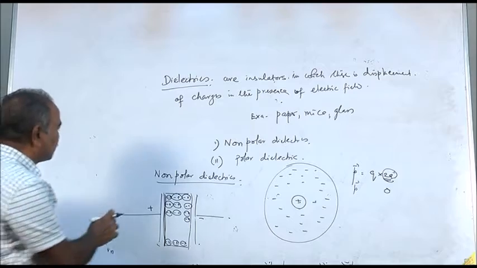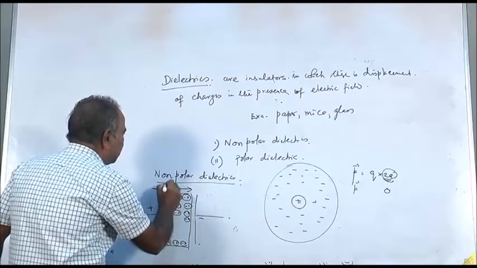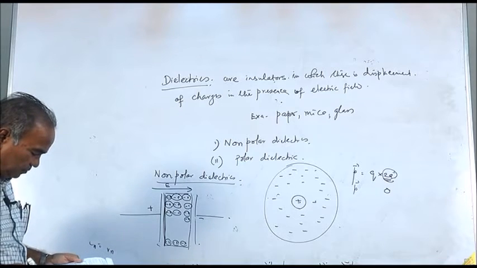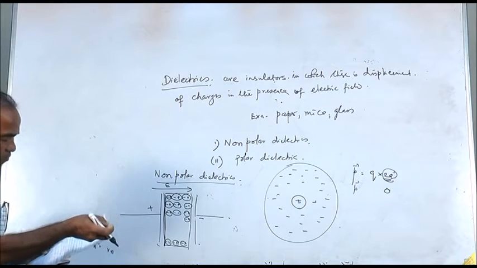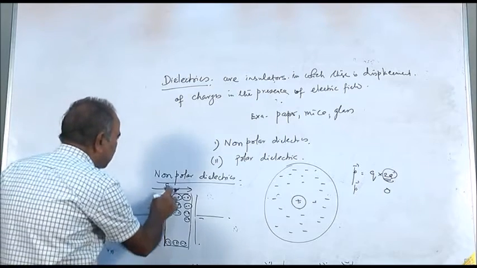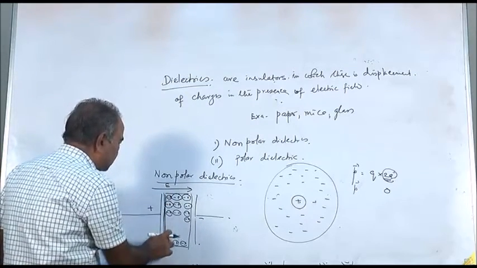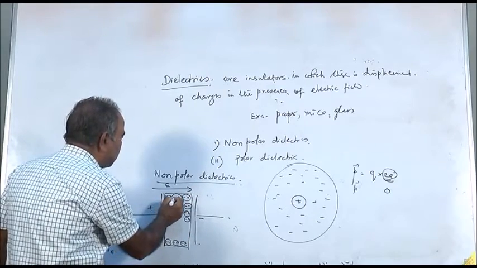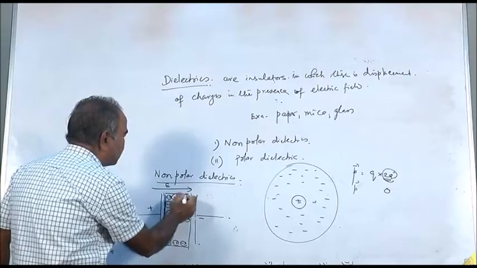So, the electric field E is applied here in this direction, and since on this face there are some negative charges and on the other face some positive charges, the minus plus plus minus in between cancel.